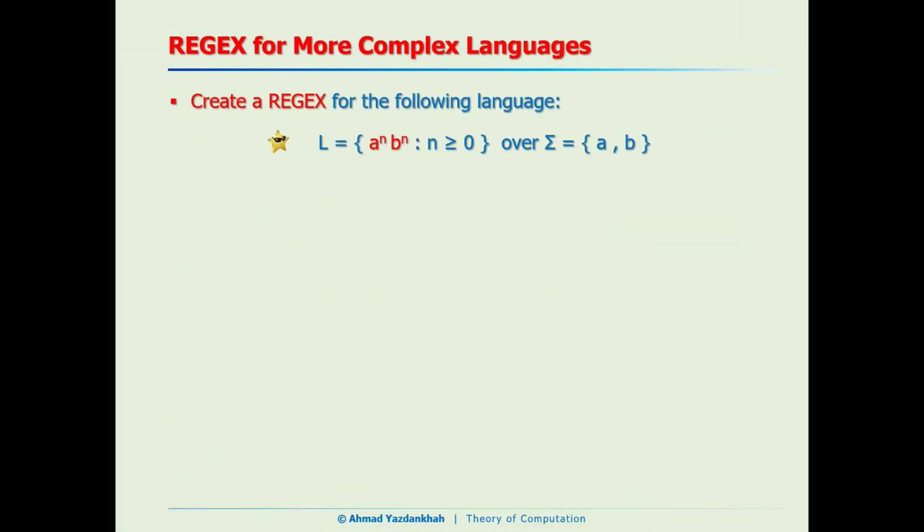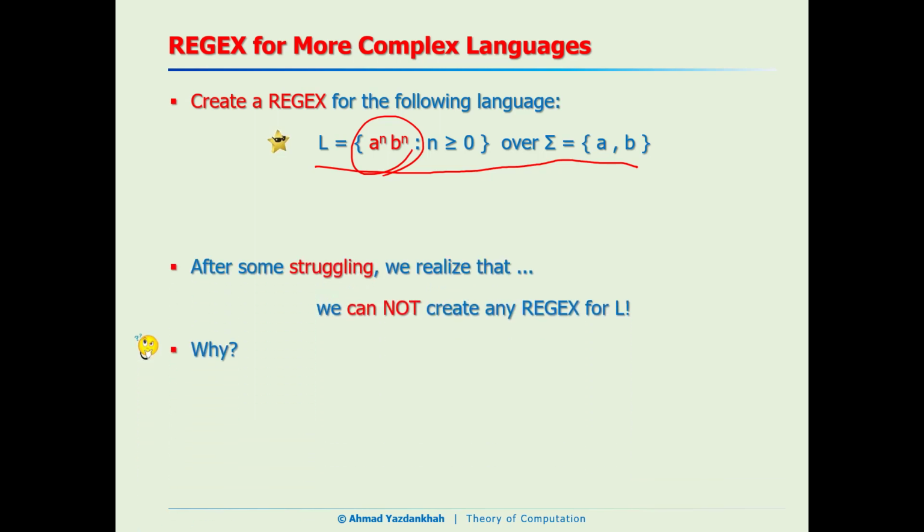Let's try to create a regex for this famous language, or celebrity language, A to the N, B to the N. You may pause the video and try to find a regex for this. After some struggling, we realize that it is impossible. Why? Because of the same problem we had for the DFAs.